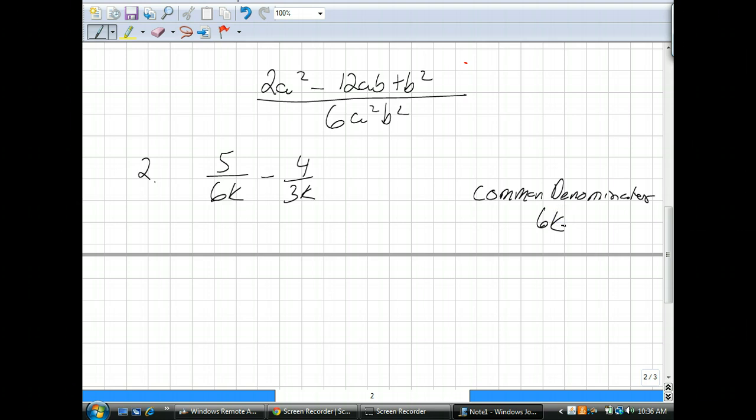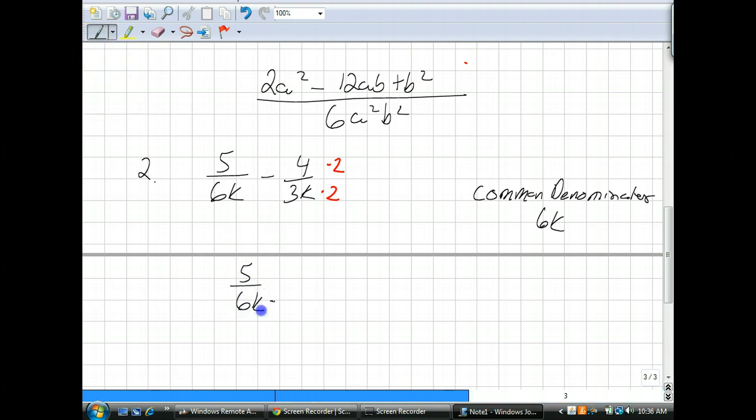So I don't need to multiply the first rational by anything, but the second rational needs to be multiplied top and bottom by 2. So that would be 5/(6k) minus 8/(6k), which would give us (5 minus 8)/(6k).